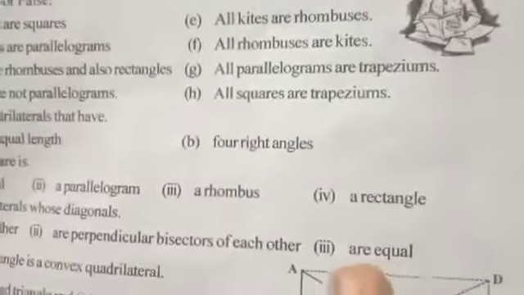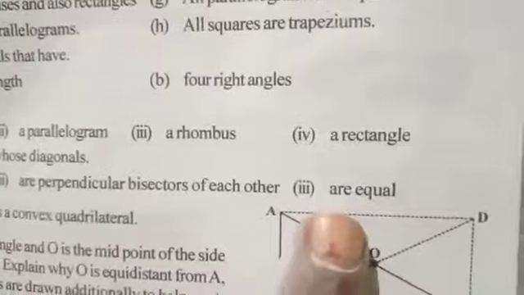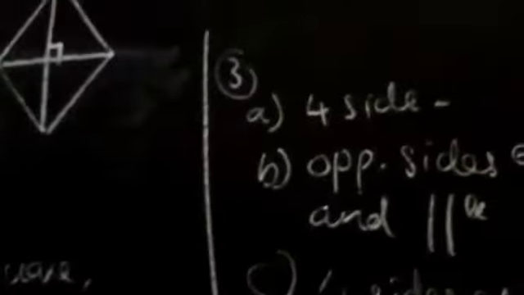When diagonals are equal: the two diagonals in the quadrilateral will be equal.